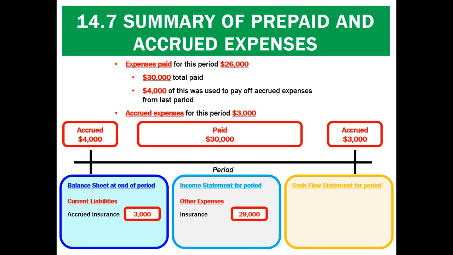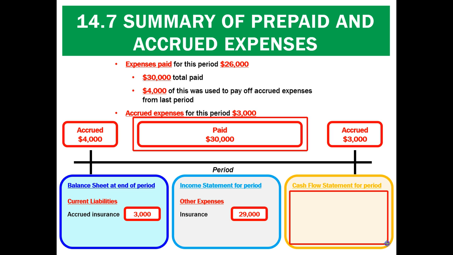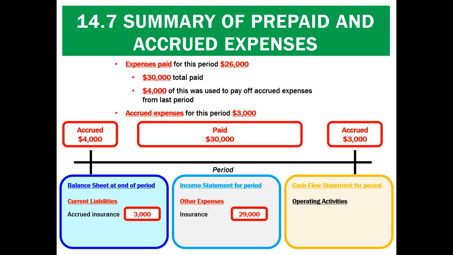Looking at the cash flow statement, we know overall that we have paid $30,000. So in this report, we're going to need to see the number $30,000. It's just a question of how it's split up. Under operating, we're going to have the following amounts: insurance paid of 26 and accrued insurance paid of 4.